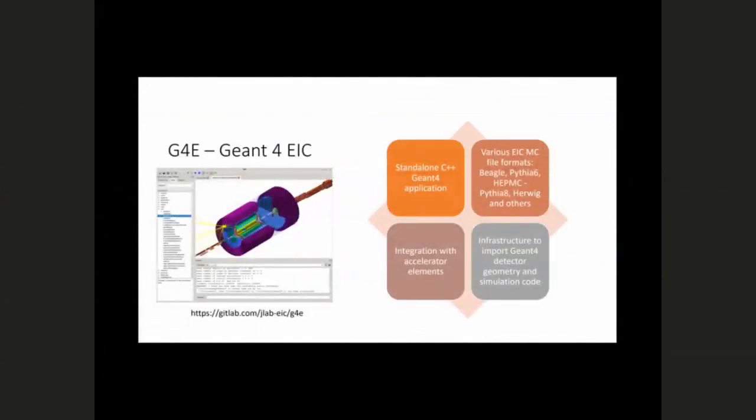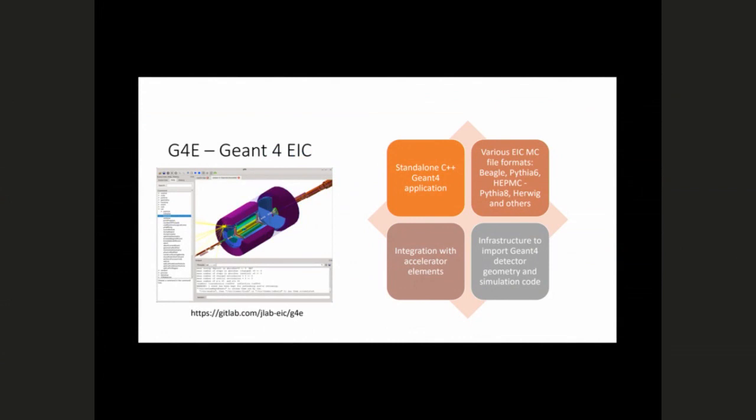So what is this G4e? Marcus already presented this slide in the morning, so I will not go into details. But this was our standalone Geant application, which we use at Jefferson Lab. Recently we started adding, for example, another beamline, so there are now two beamlines.